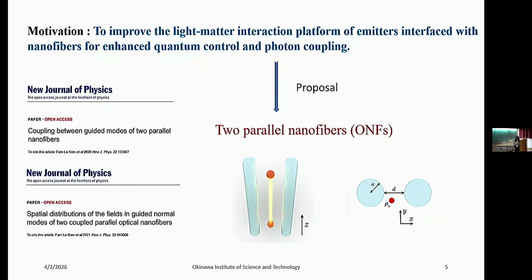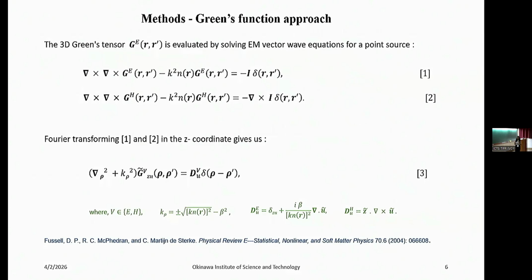As radiation modes are infinite in number, it is difficult to calculate the coupling of infinite radiation modes by the standard eigenfunction method. That's why I use the Green's function approach in my problem. I'll not go into the details of every mathematical equation, but I'll give the physical meaning of these.